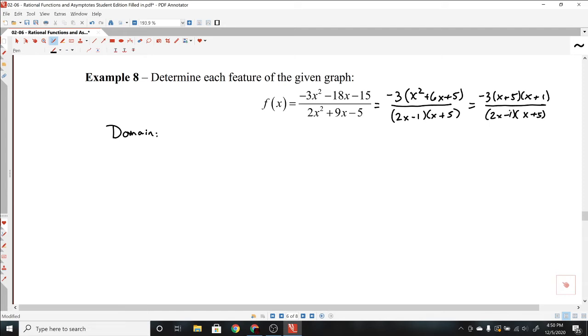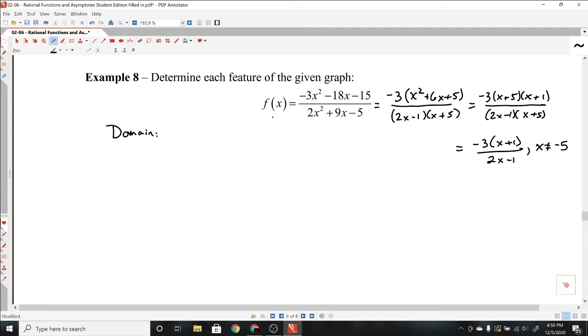So you can see we do have a common factor. So I can reduce it as long as I understand that this function is different at negative 5.